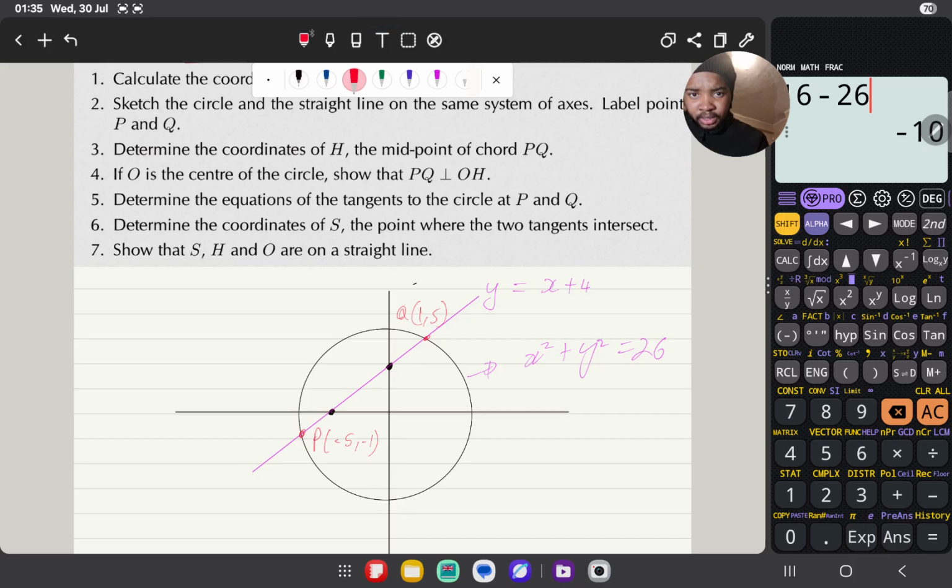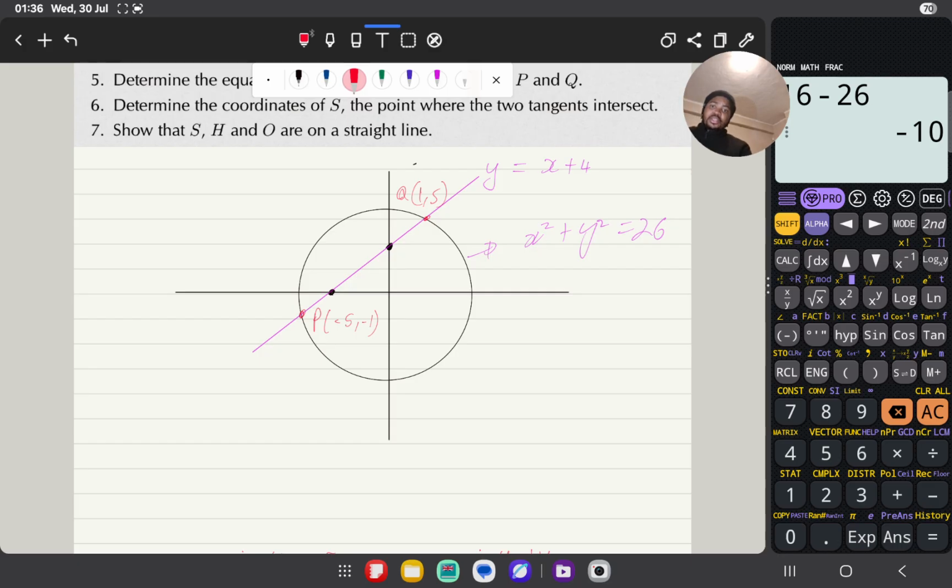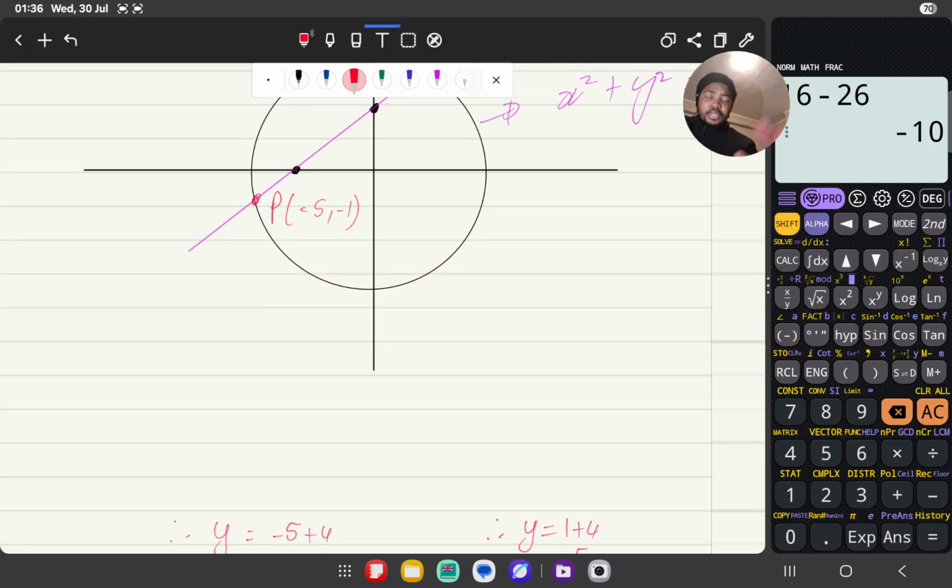And then they say determine the coordinates of H, which is the midpoint of a chord PQ. Remember, this is not the midpoint theorem, but the midpoint of a straight line. So H (x, y) is x1 plus x2 divided by 2, y1 plus y2 divided by 2.